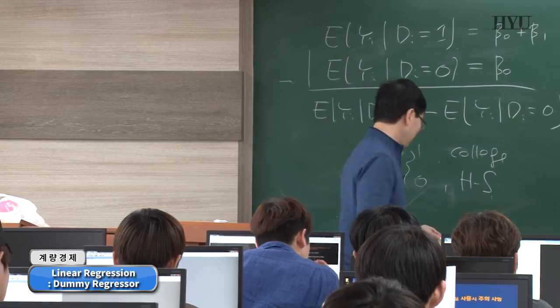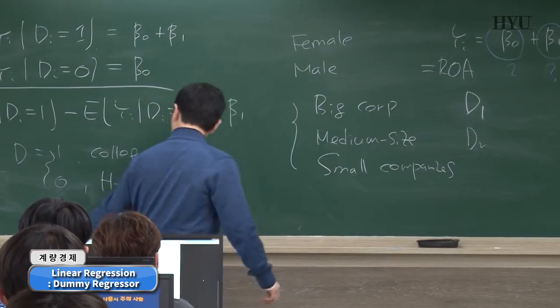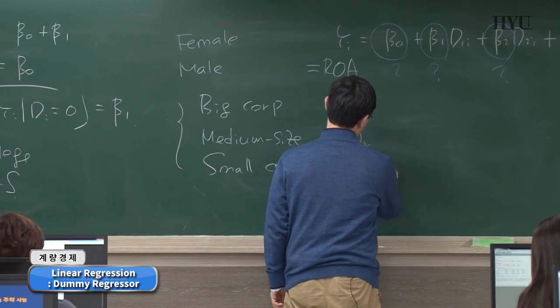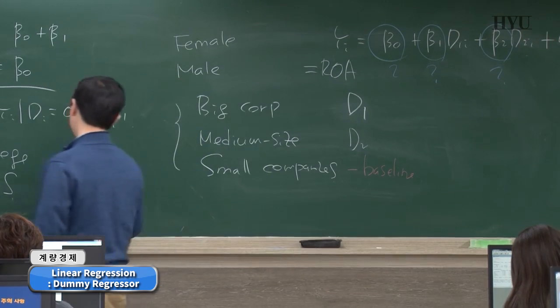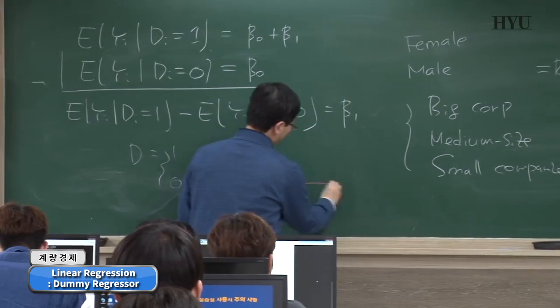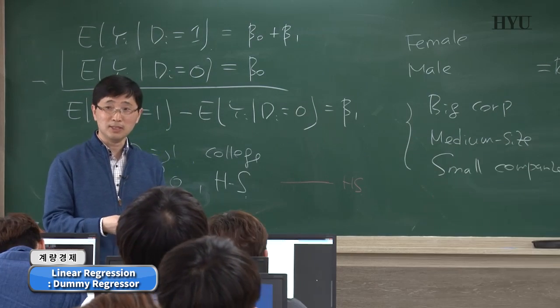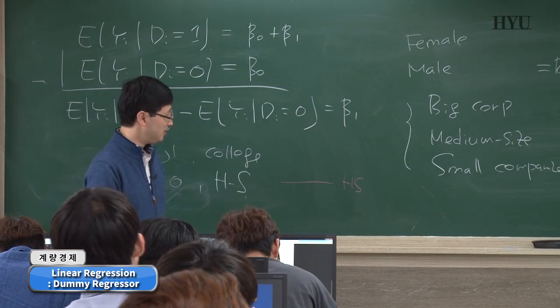So, in some sense, we use these small companies as our baseline. So it's like a two-step. In the earlier example, we calculate the average wages of high school graduates first. Okay, that's the intercept, beta null.